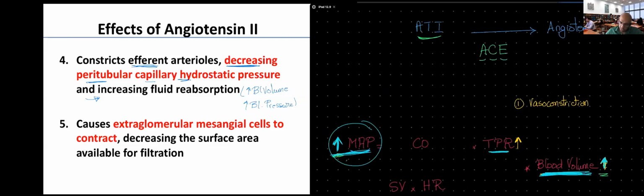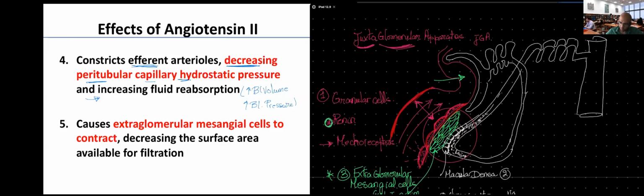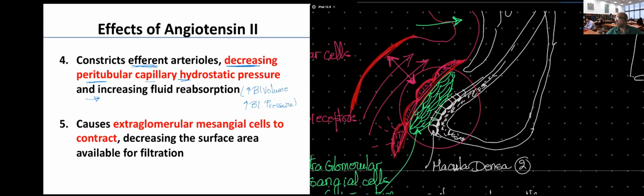One last mechanism of action for angiotensin II is by enhancing the extraglomerular mesangial cells. You see on here, those are the extraglomerular mesangial cells, to contract.